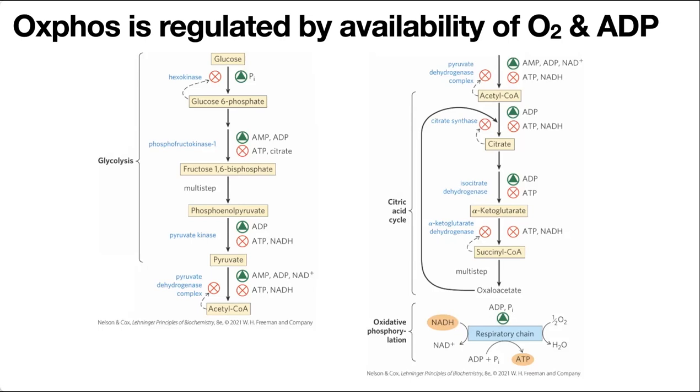With oxidative phosphorylation, what we're really regulated by is going to be our availability of ADP and oxygen. If we don't have a lot of ADP, that would indicate that we don't need to keep making ATP, because if we don't have a lot of ADP, we probably have a lot of ATP. So we're not burning energy, and so we don't need to keep making ATP. And we can instead do things like use the ATP that we have.